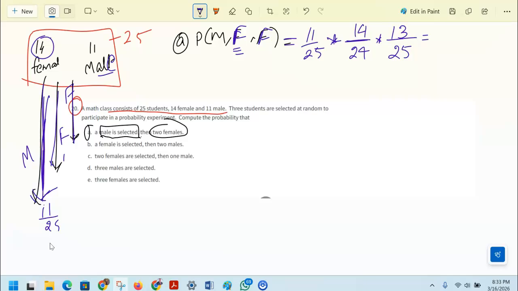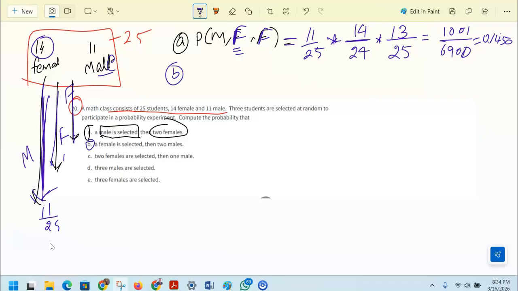So this whole thing reduces to 1001 divided by 6900. And if I use the calculator, 1001 divided by 6900, we get 0.1450, and you're done.